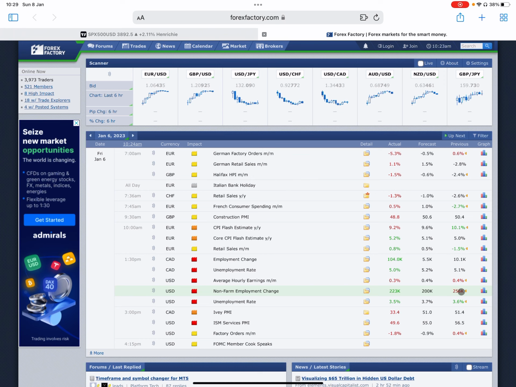The previous data here is 256 and the actual is 223. Even though they said it's going to be 200, it ended up being higher than the forecast, but still lower than the previous. And this one, the forecast was 3.7 and it ended up being lower, 3.5.